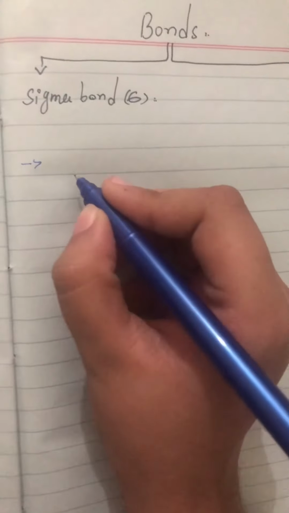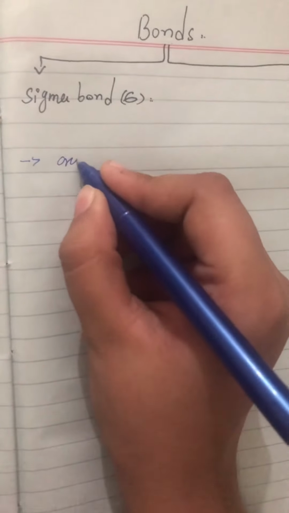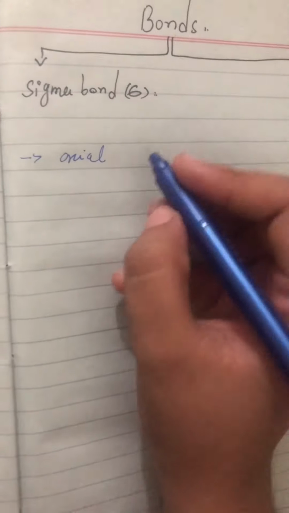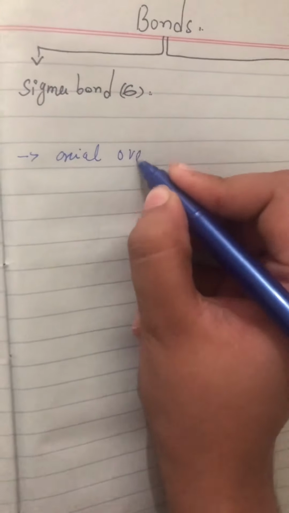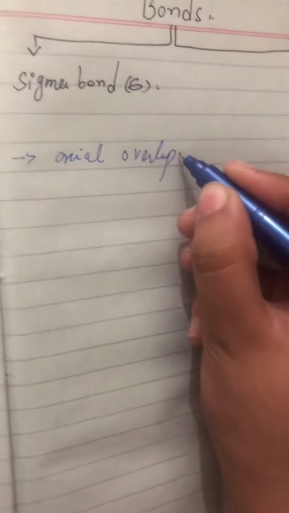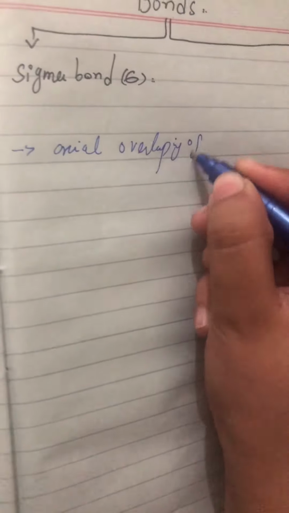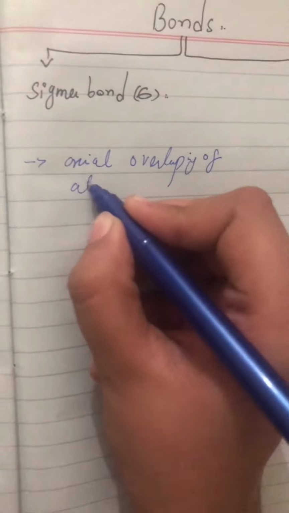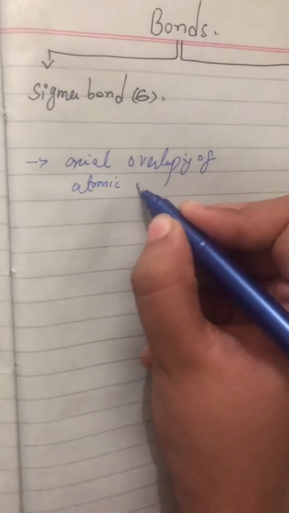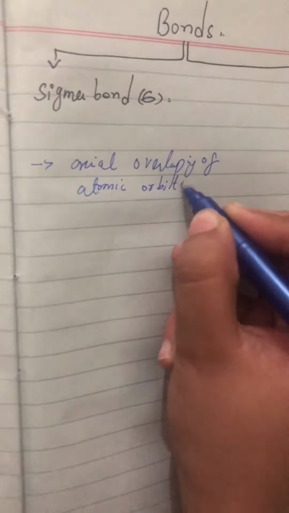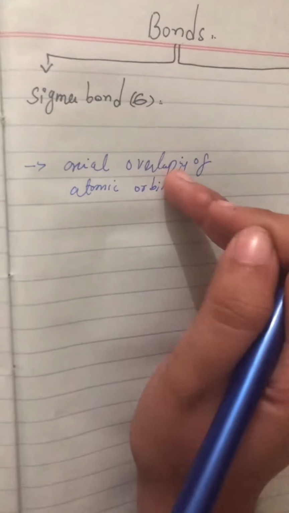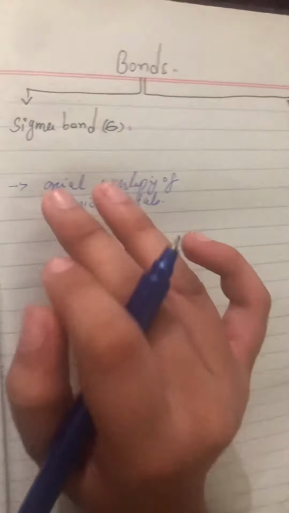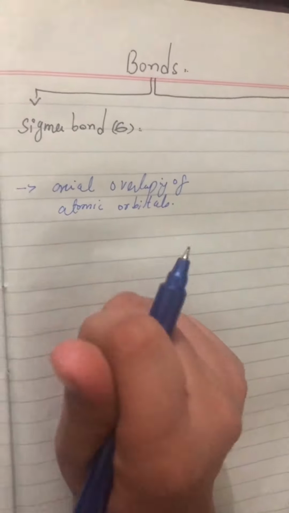Like this is axial overlapping of atomic orbitals. Now what is overlapping? Overlapping is a word used for joining.